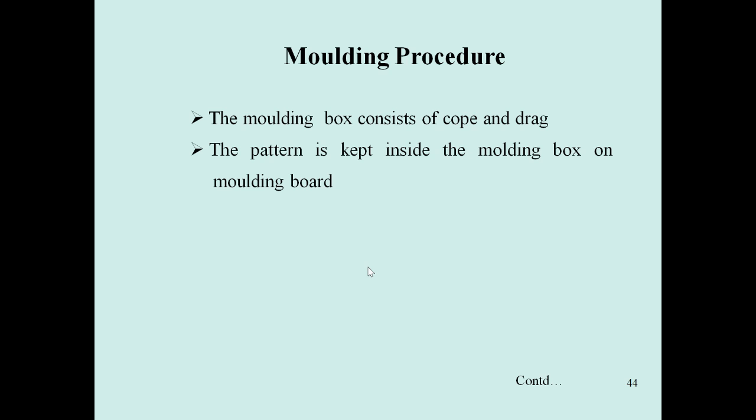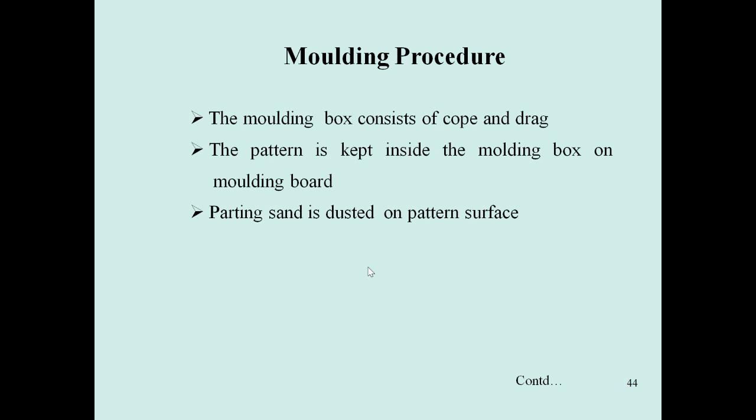First of all, place the molding board, then keep the pattern on the molding board, then place the molding box over the pattern so that the pattern is in the center of the molding box. Next, the parting sand is dusted on the pattern surface.